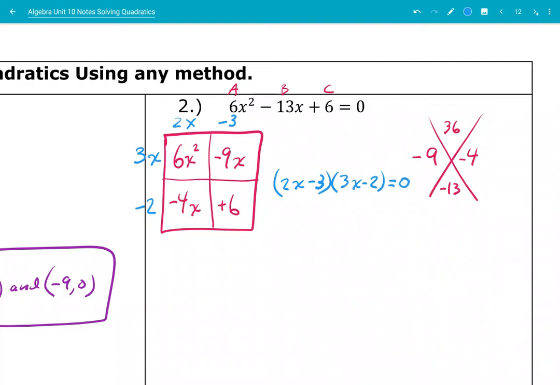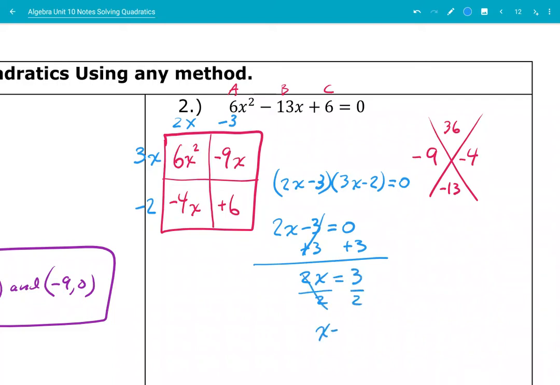That equals 0. So now we just set each of them equal to 0 and solve for x. Add 3 to both sides. 2x equals 3. Divided by 2. X equals 3 halves. That's the first one. The next one, 3x minus 2 equals 0.